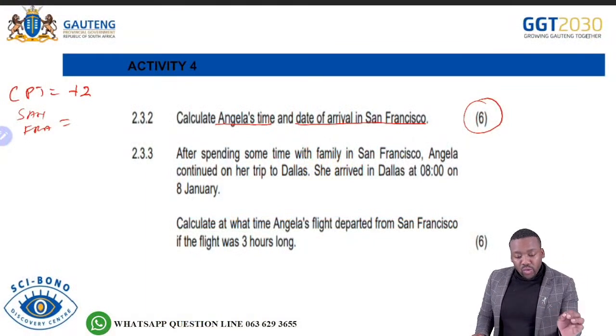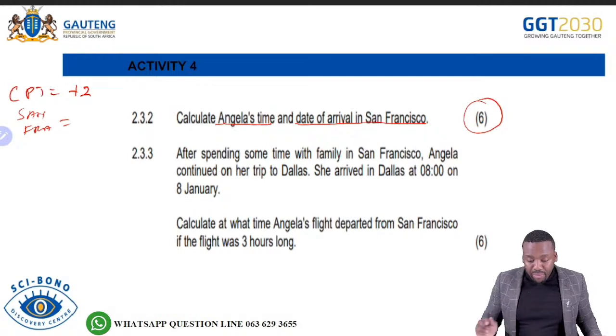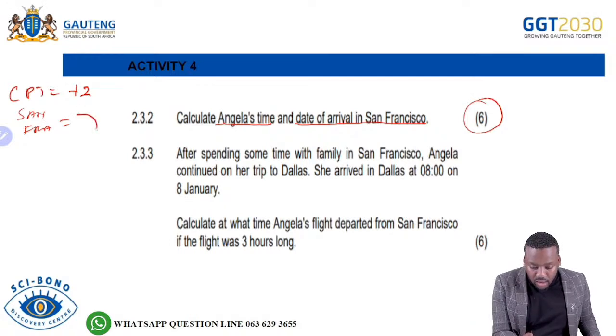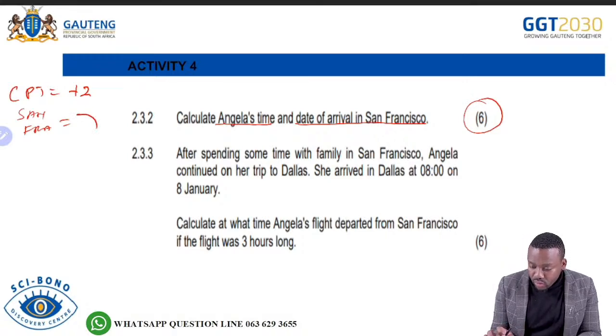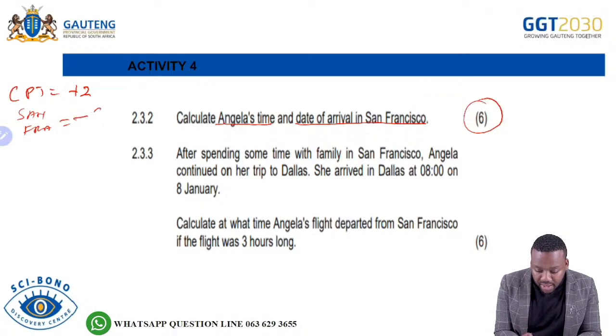So we had to go and find San Francisco on our map, and we found that San Francisco is on -8.